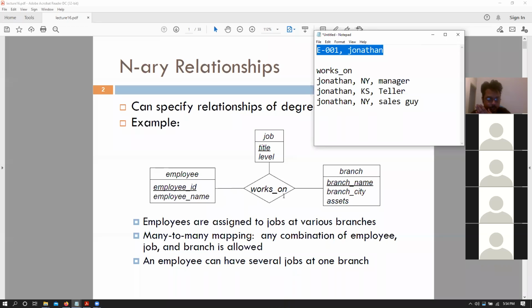Exactly. So only because it is a many to many relationship, we can have Jonathan working as a manager in New York and a sales guy in New York at the same time, right?